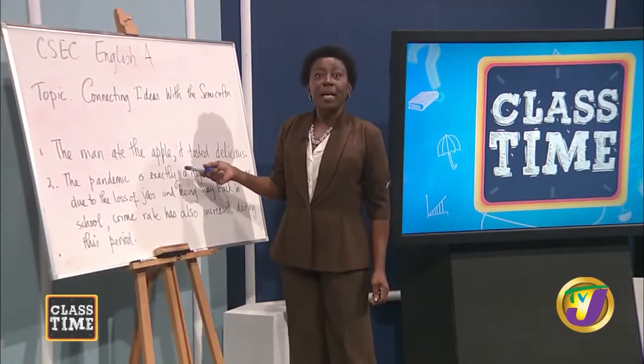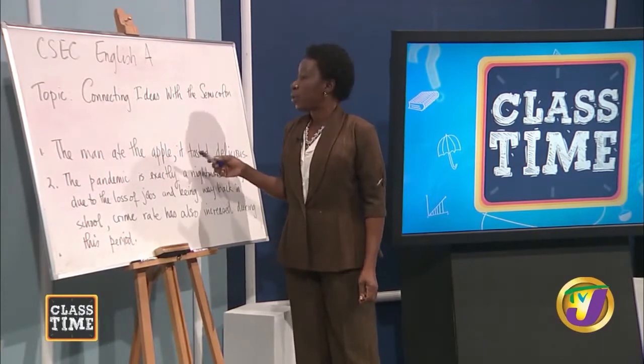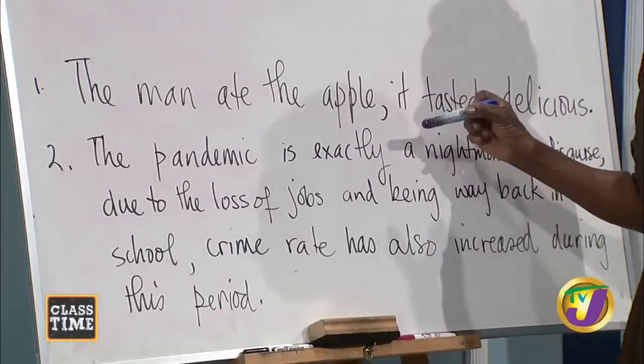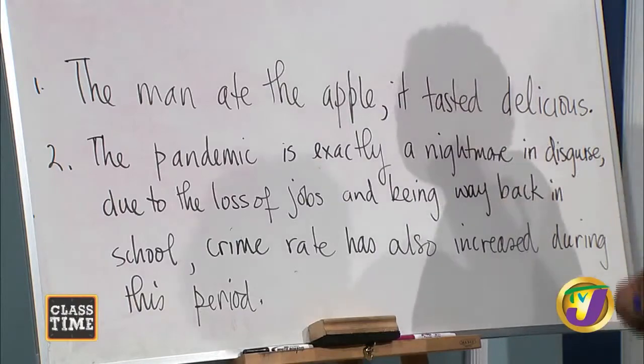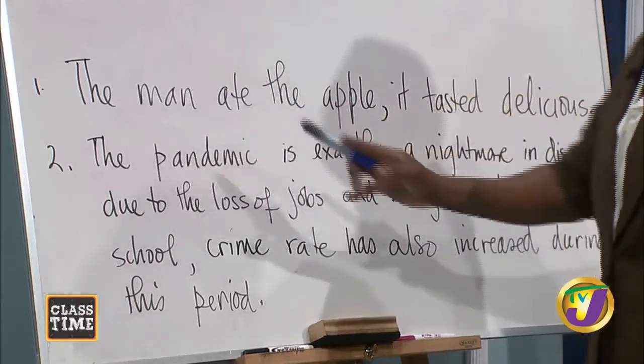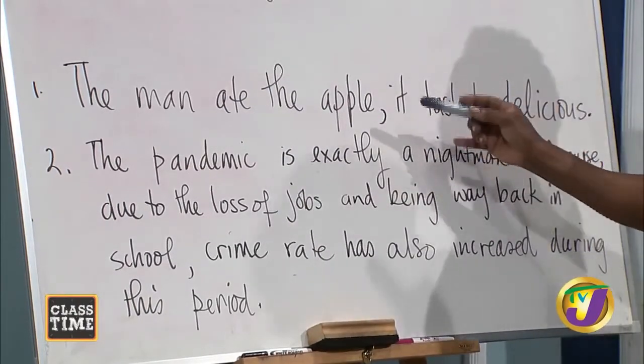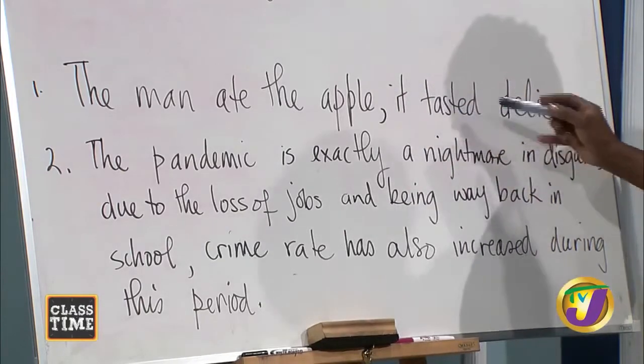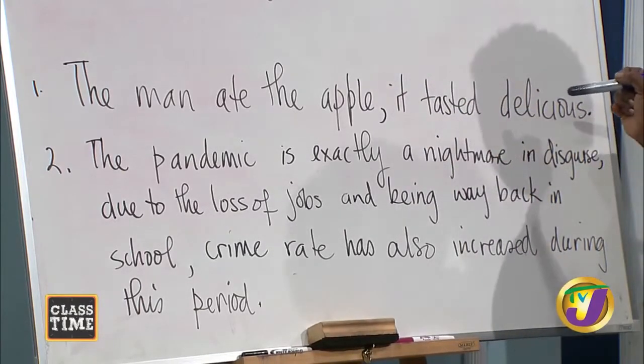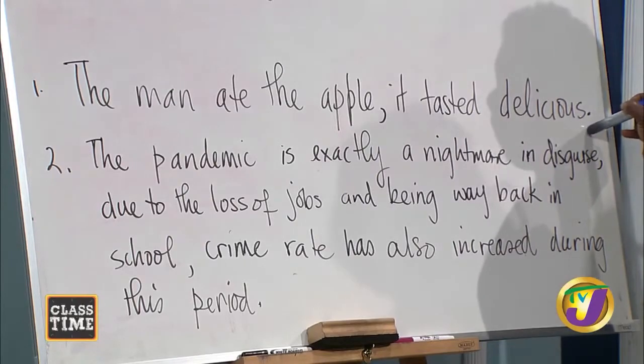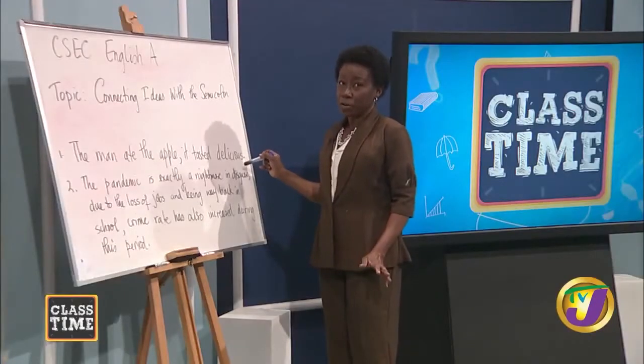So very often when you're writing, you put a comma. Let us look at this expression. The man ate the apple. It tasted delicious. Full stop. All right. End of thought.